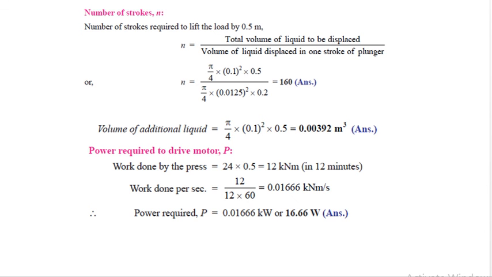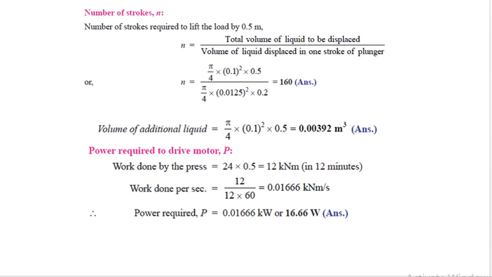Now number of strokes required. Number of strokes required to lift the load by 0.5 meter is total volume of liquid to be displaced upon volume of liquid displaced in one stroke of the plunger. So total volume displaced is pi by 4 into diameter squared into 0.5 meter total length, upon volume of liquid displaced in one stroke.